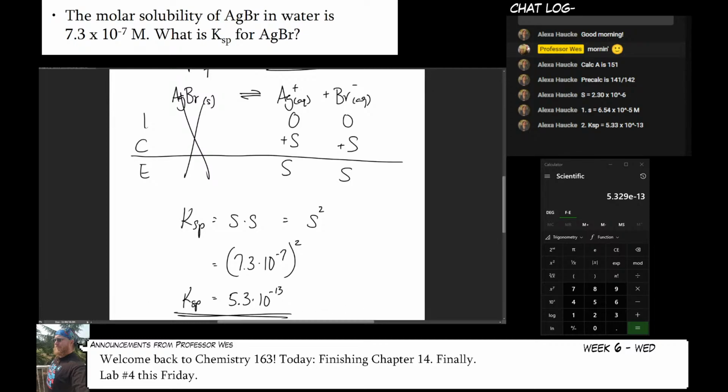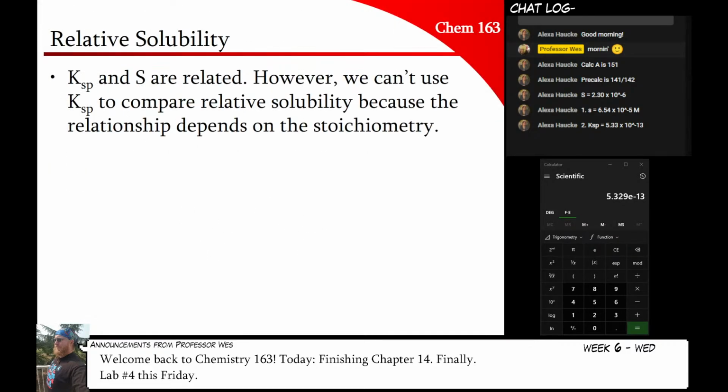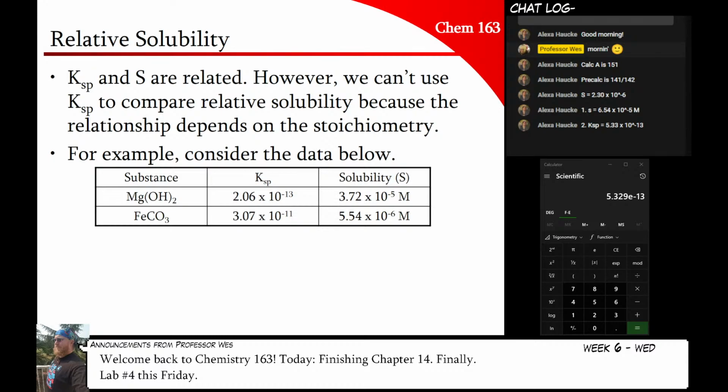All right, let's talk a little bit more about KSP. I said earlier that we cannot compare KSPs directly because S might be squared or cubed or whatever, and that gives us KSP. Looking at different KSPs here, it's hard to relate them directly. For instance, the top one has a smaller KSP, but its solubility value S is bigger.